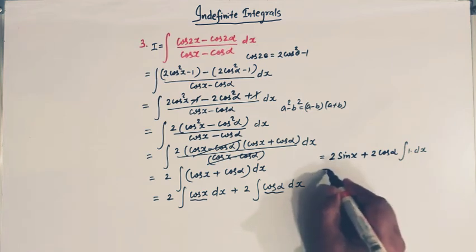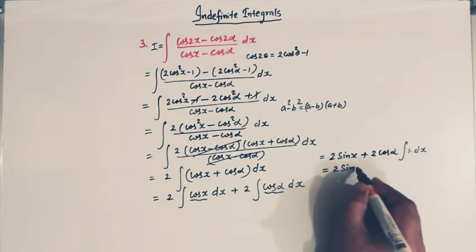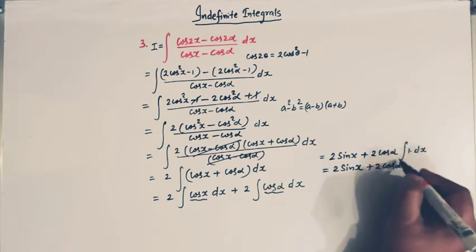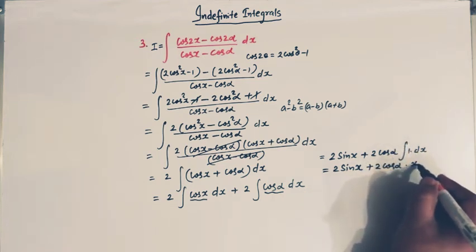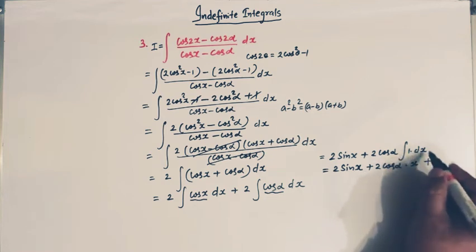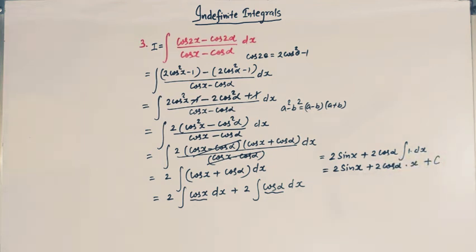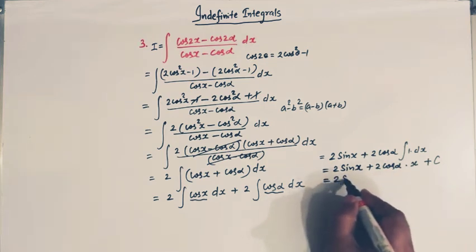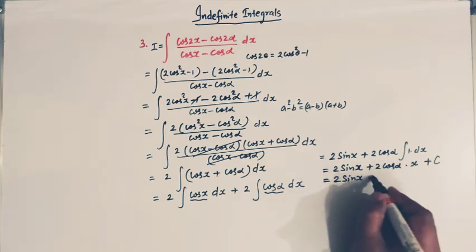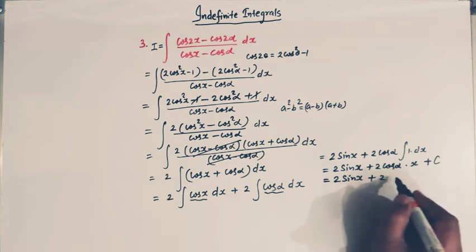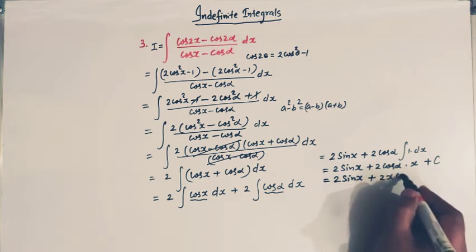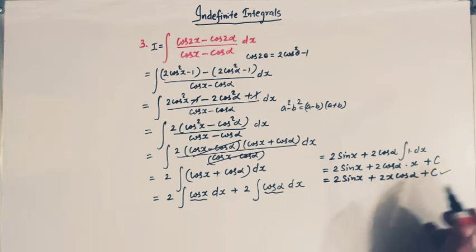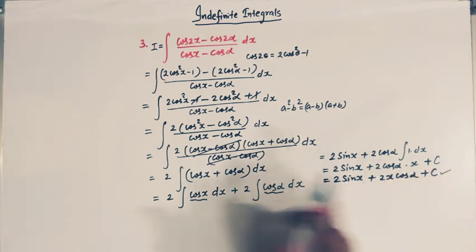So this is 2 sin alpha sin x plus 2 cos alpha, and integral of 1 is x, and then we'll have the constant of integration as c. So finally we can write it as 2 sin x plus 2x cos alpha plus c. So this is the required integral of this function.